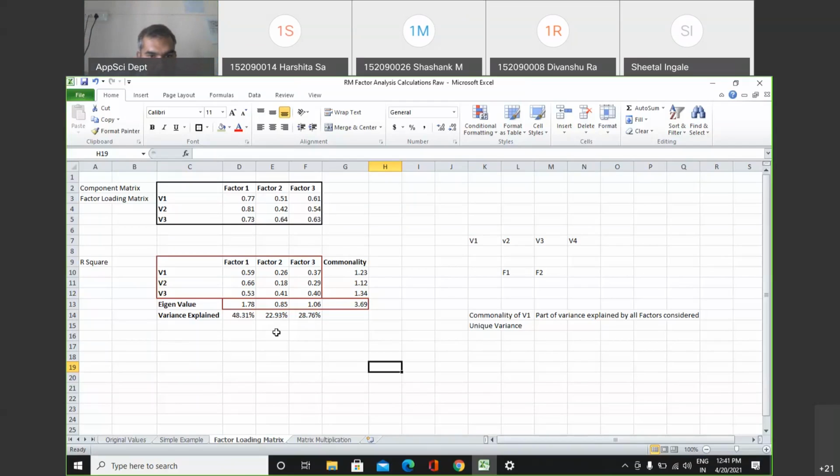Okay. So in this case, we will be dropping this factor 2. For that we have calculated eigenvalue. We can actually do that. So it will get a little messy, but we can do that.